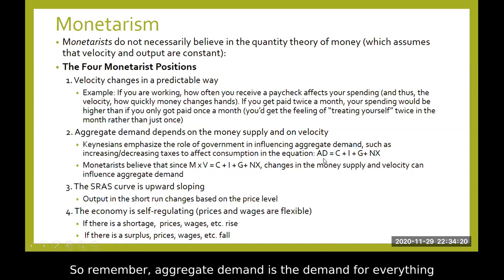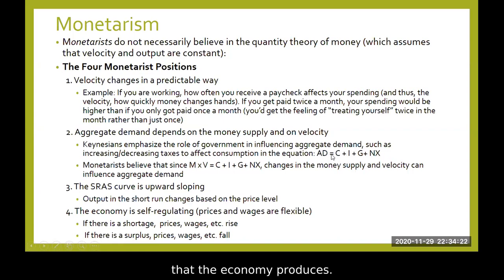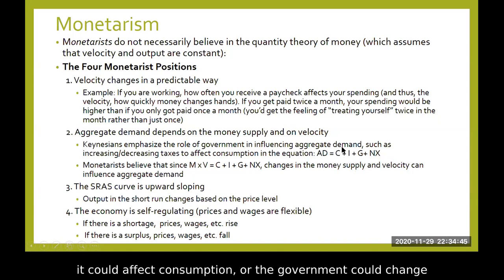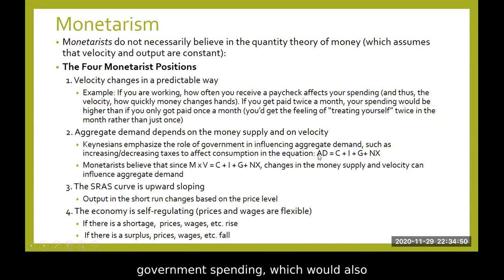Remember, aggregate demand is the demand for everything that the economy produces, which is gross domestic product, given by these four components. So the idea is that, for example, if the government were to increase or decrease taxes, it could affect consumption, or the government could change government spending, which would also influence aggregate demand.